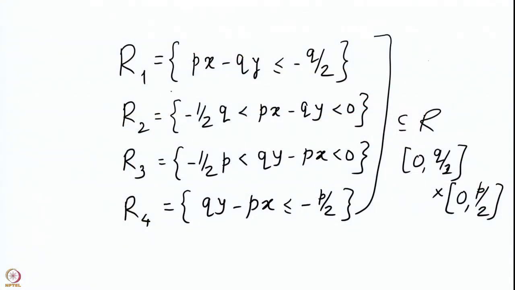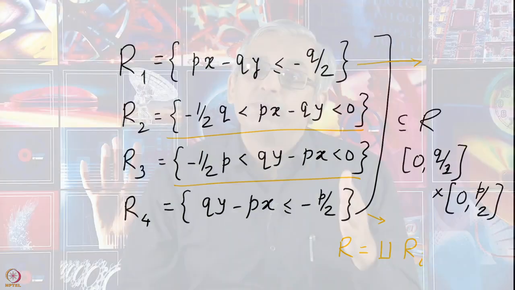And here are those 4 parts in front of you on the screen, where R1 was given by this particular equation. This is R1, this is R2, this is R3 and then we have R4. So, these 4 parts together give you R. So, R is a disjoint union of Ri as far as the lattice points are concerned.